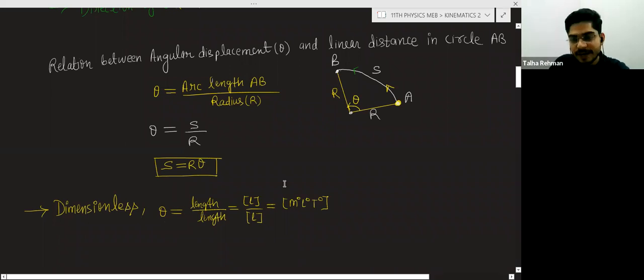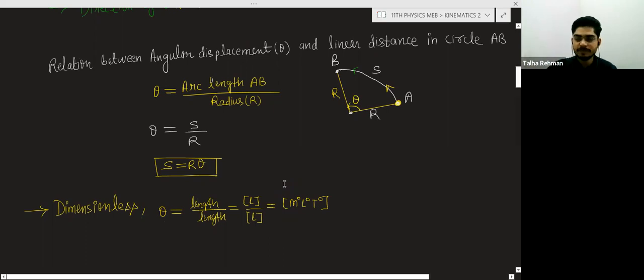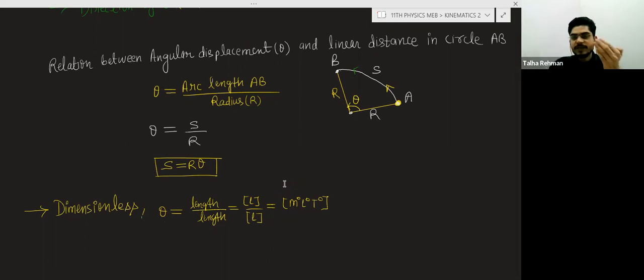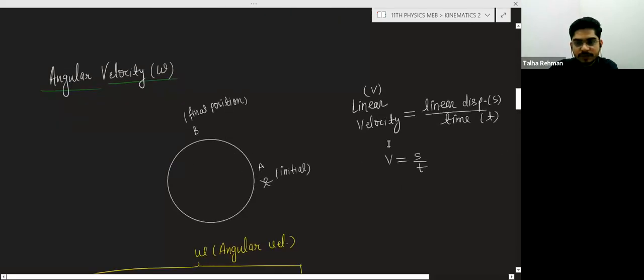Before angular velocity, we should know what linear velocity is. If I am talking about the average linear velocity, then you will say total displacement divided by total time. In the same way, angular velocity is total angular displacement divided by total time. Angular velocity is represented by omega, and you can compare it with linear velocity.